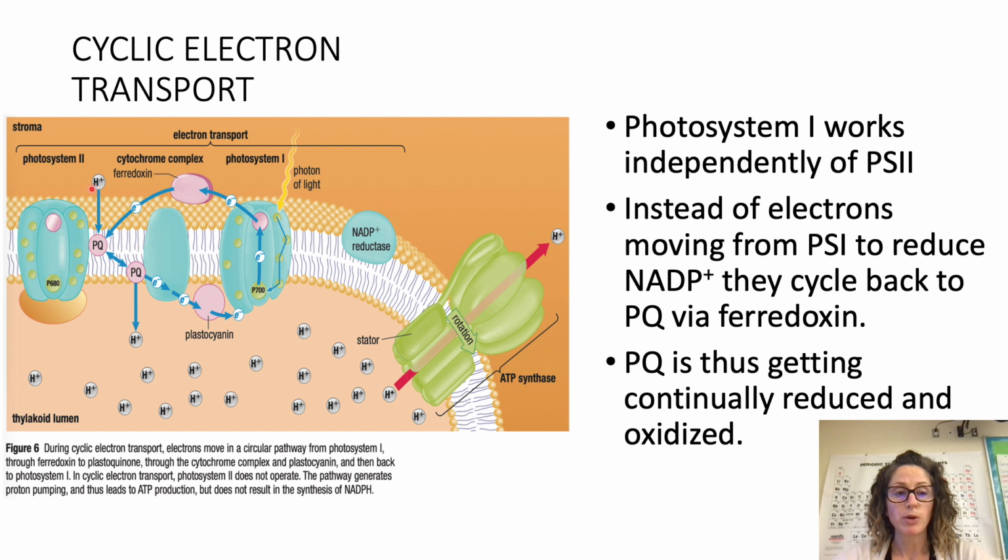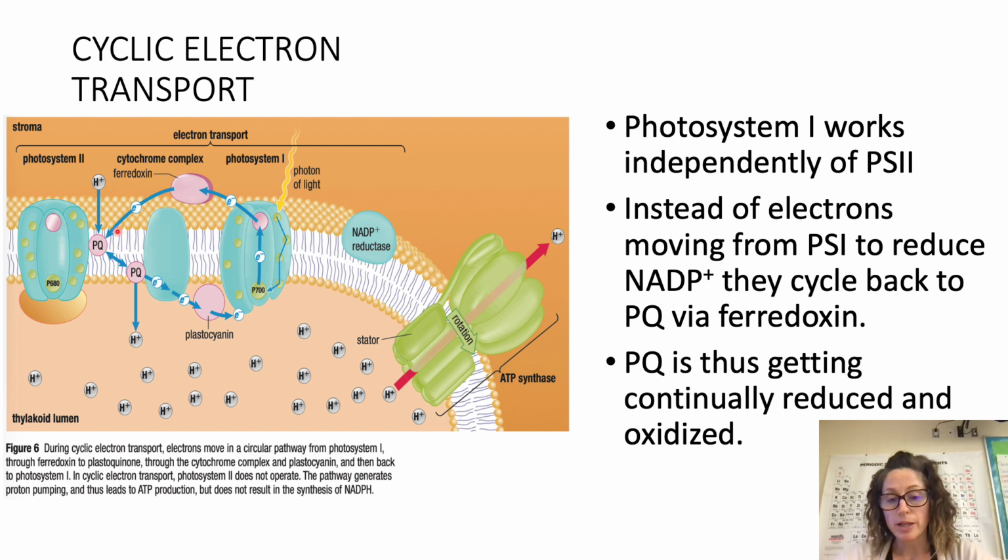And the important thing is it is also taking hydrogen ions and dumping them into the lumen after it takes the electrons to the cytochrome complex here. So we're going to see the electrons continuously being moved in this cycle.